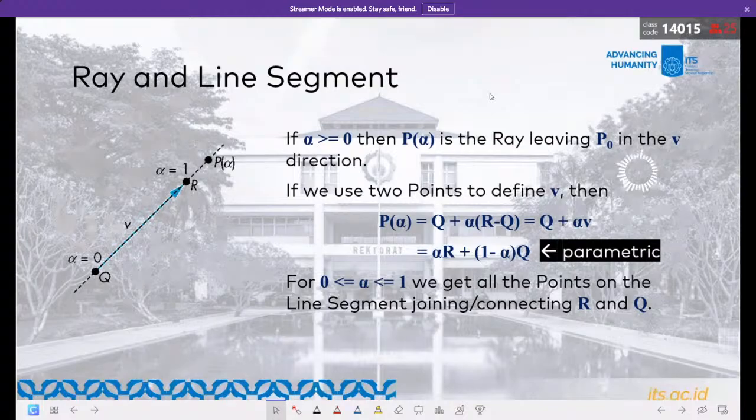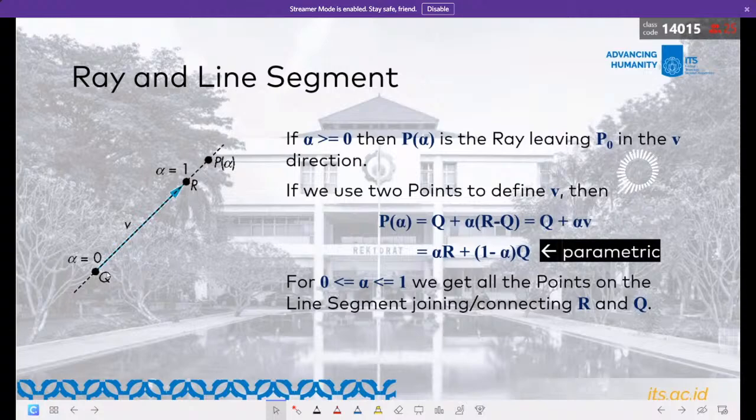In the next slide, we have a ray and a line segment. Ray in bahasa we call sinar, and the line segment is segmen garis. And in this case, the ray is kind of representing the vector. Suppose that we have, again in here, a Q and, not P now, so we have Q and R. Previously, we talked about this line, right?